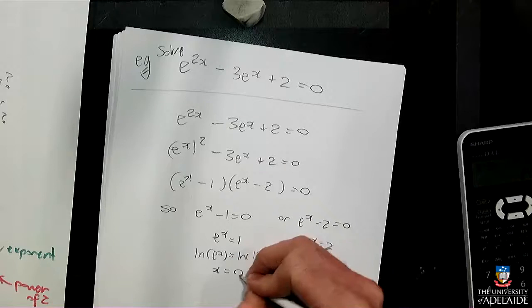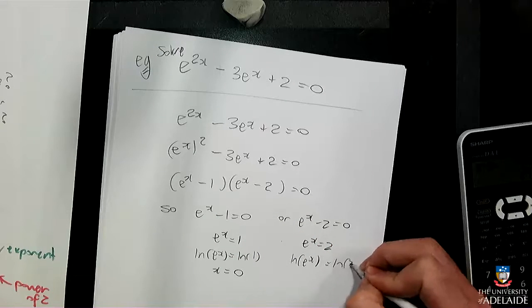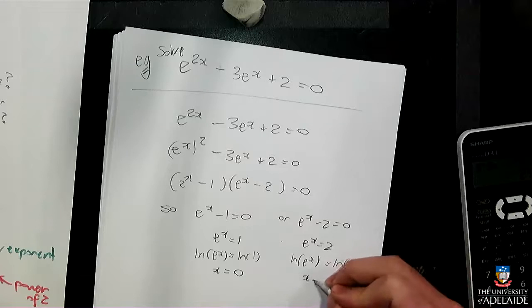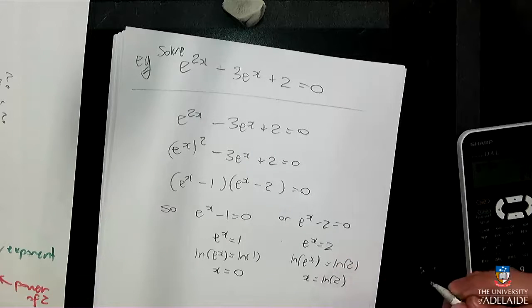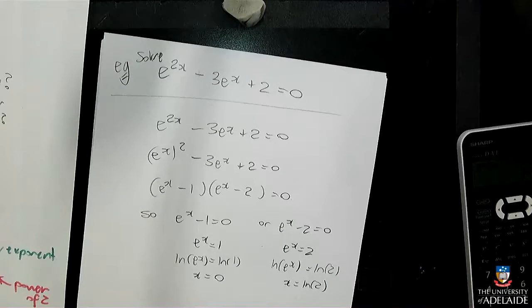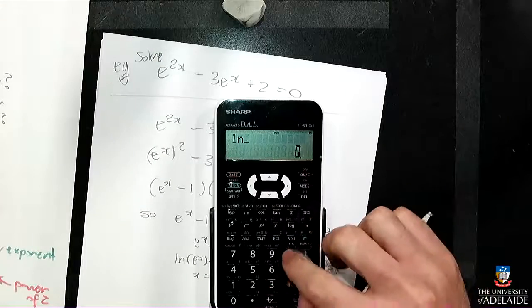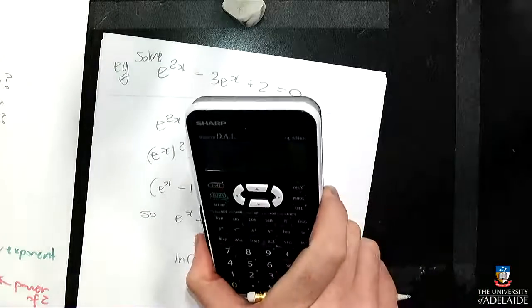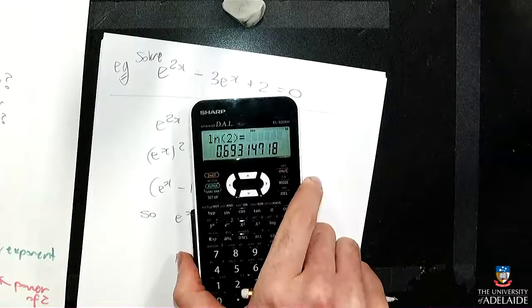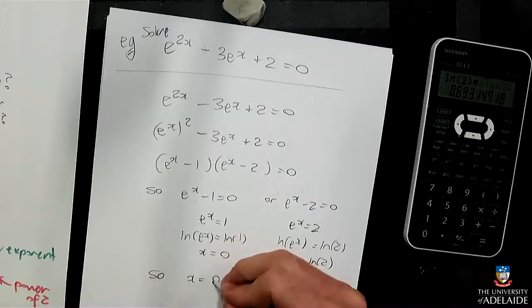So x equals 0, and x is ln 2. I can't see any reason why we can't just leave it as ln 2. We can calculate what ln 2 is. It's about 0.693, but that's a horrifying decimal, so I'll just leave it as ln 2. So x is equal to 0 or ln 2.